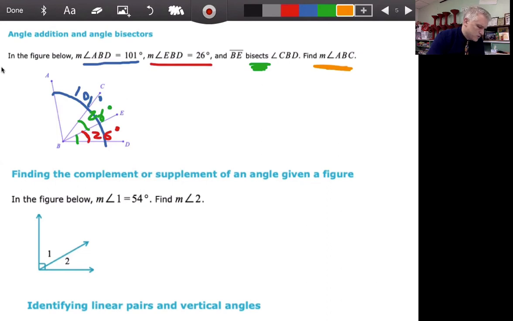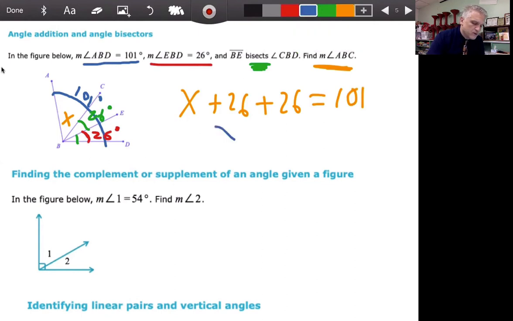ABC is this guy right here. So we can call it X if you want. So you know that if we're going to do angle addition, let's add all of these little angles together. This angle plus this angle plus this angle. So you've got X plus 26 plus another 26 equals the whole giant angle, 101 degrees.